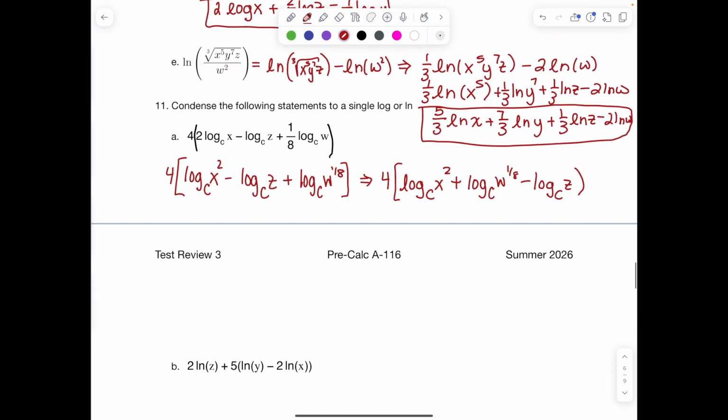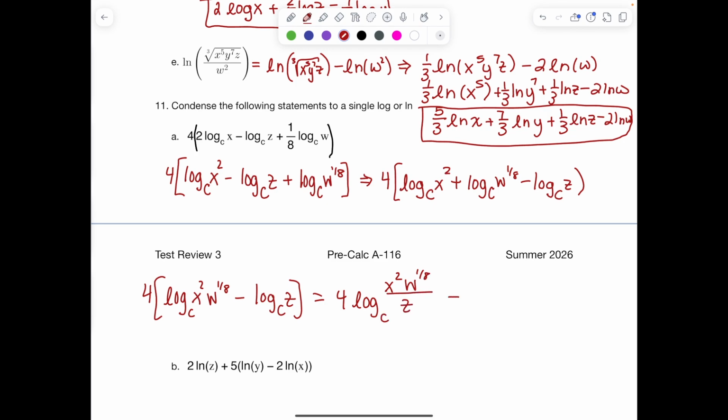Okay, so now I can write 4, I have log of x squared, and I have this base c, w to the 1/8 minus log c z. Then that gives me 4 log x squared, w to the 1/8 all over z, base c.